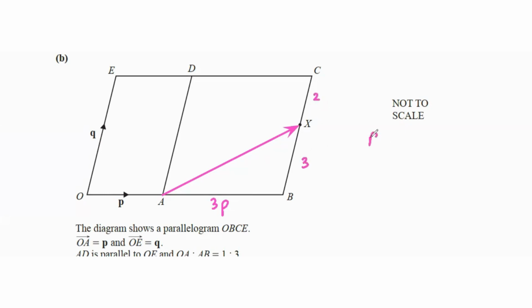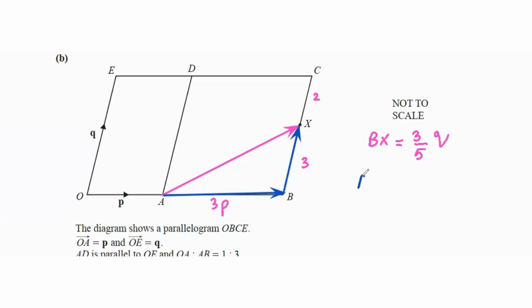That means BX would be 3/5 of Q, because the entire BC would be the sum of 3 and 2, which is 5. So 3/5 of Q. So we're going to take the route of AB plus BX to reach AX.